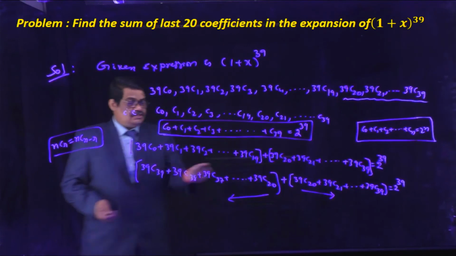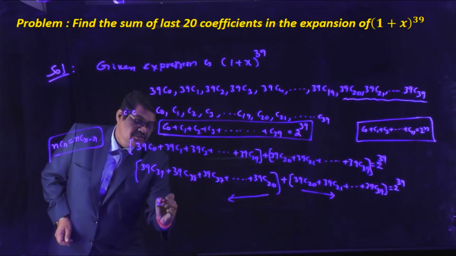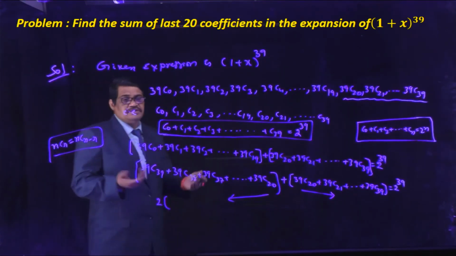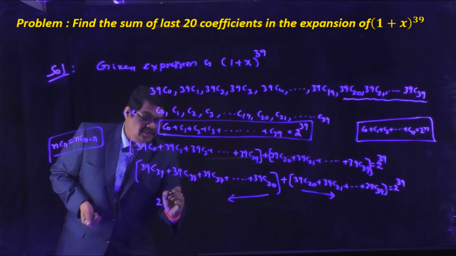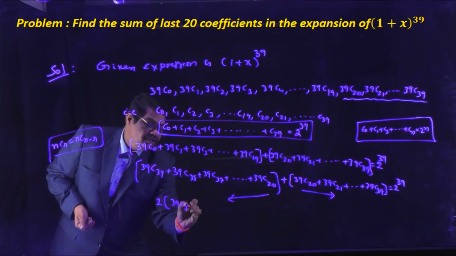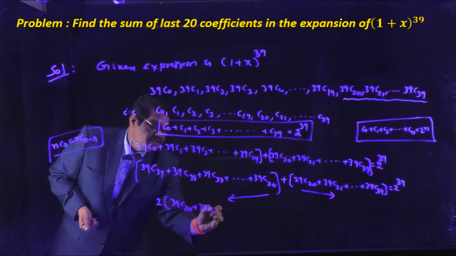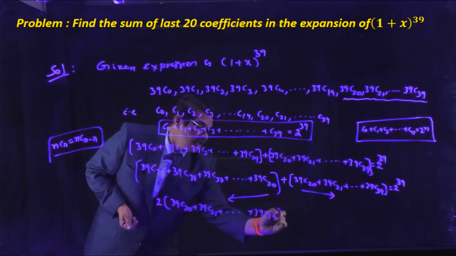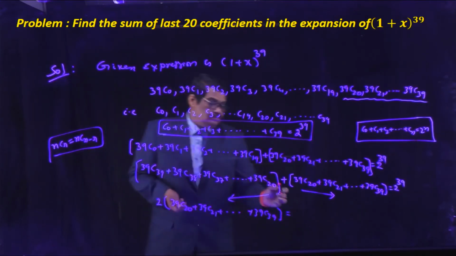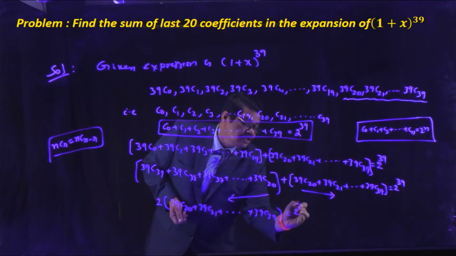So this is the sum of these two terms we are writing. Each one is twice, therefore 2 into 39C20 plus 39C21 and so on, 39C39 is equal to 2 to the power of 39.